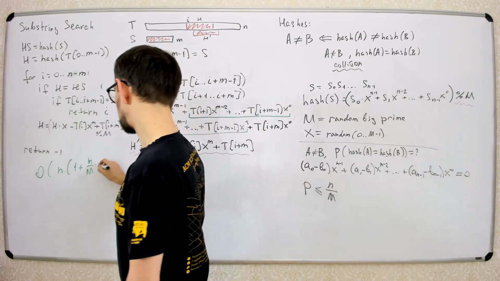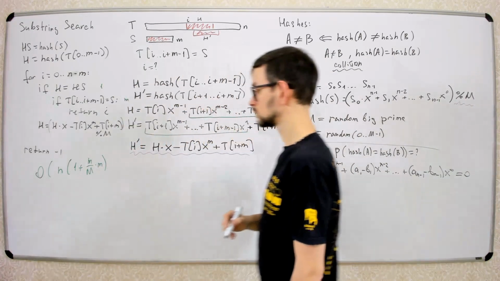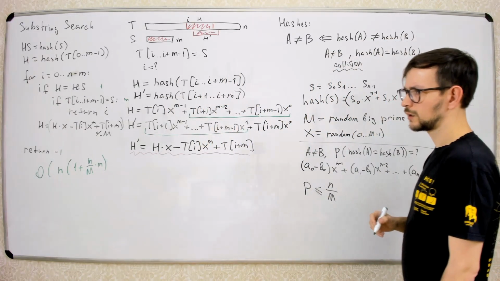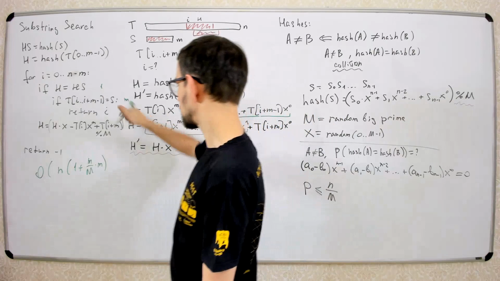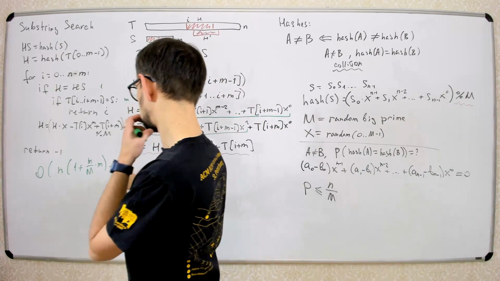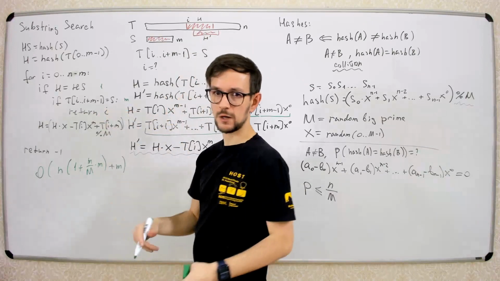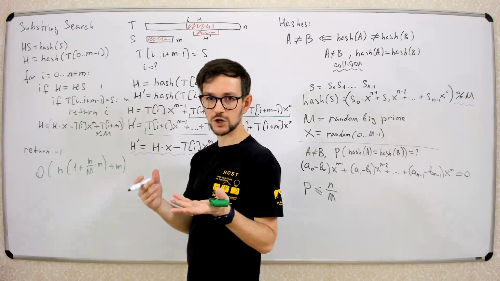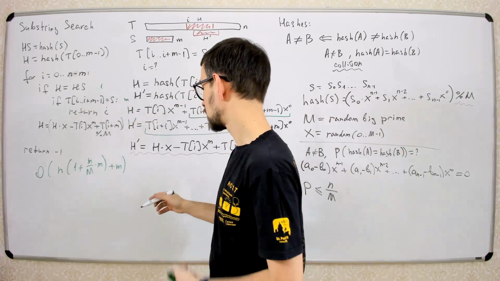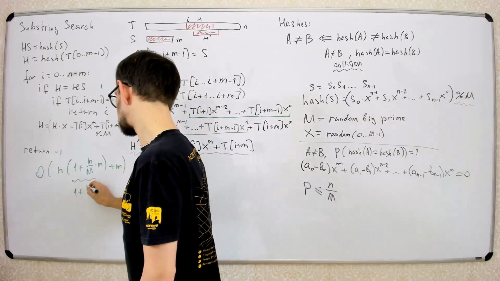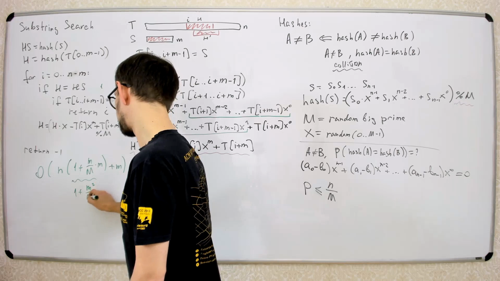We multiply it by m. And one last time it will be plus m. Once we need to check that the strings are equal, and because they're actually equal, we immediately return. So this part will be something like 1 plus m squared over m.